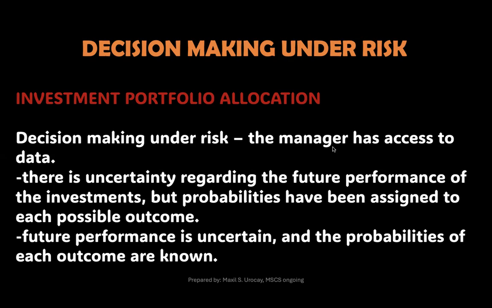The decision maker can quantify the potential risks and rewards for each of those asset classes using those probabilities. Therefore, unlike pure uncertainty, the scenario allows for expected value calculation to guide the allocation decision. So it is a decision under risk. Let's move on.